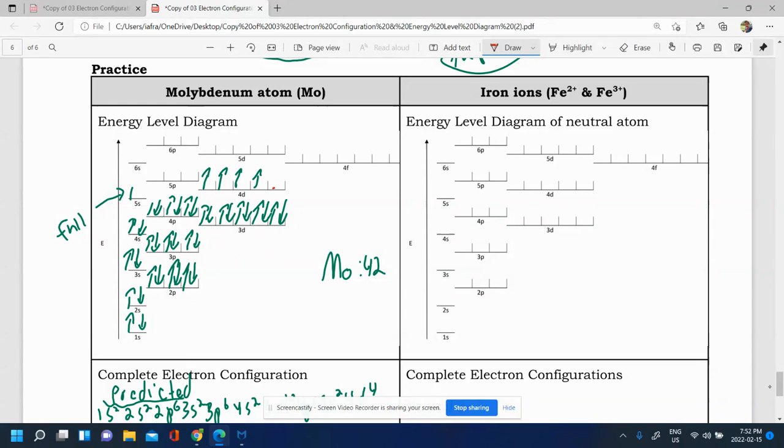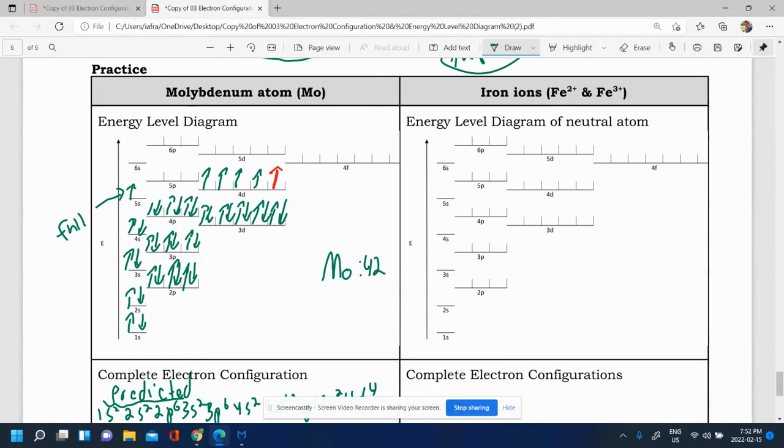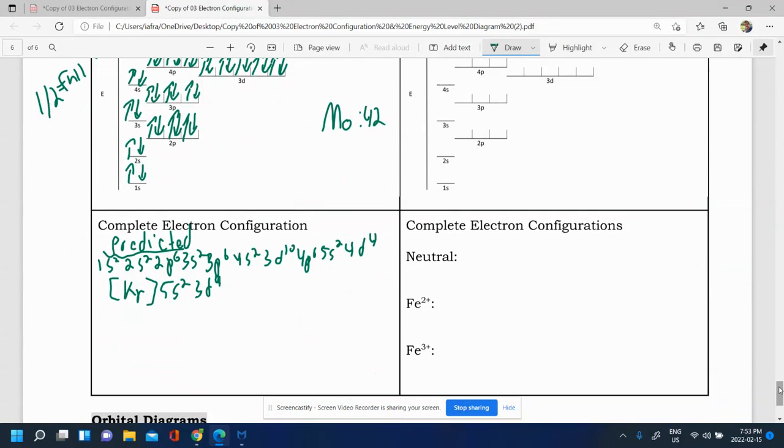So the electron that was in 5s2, one of them was grabbed and put into the 4d. This one remains there. And so what you notice is that this is a more stable arrangement because this is now half full, and this is also half full. Whereas before we had a partially filled, which was not very stable. So that's what we're doing here, taking one electron from here and putting it into here. So same process here.